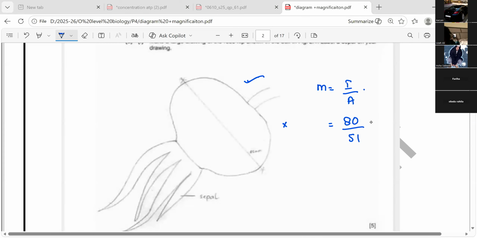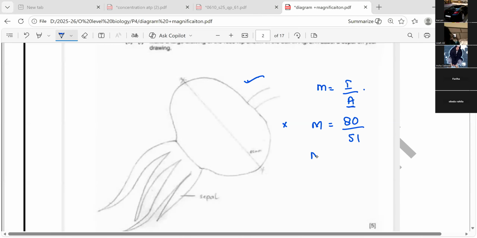Should I divide it with any value if it is in fact the actual length? No. Is this clear? Because it is already an actual length, we don't need to multiply it with any allowance. If no allowance is given, we don't need to multiply it with any allowance value.